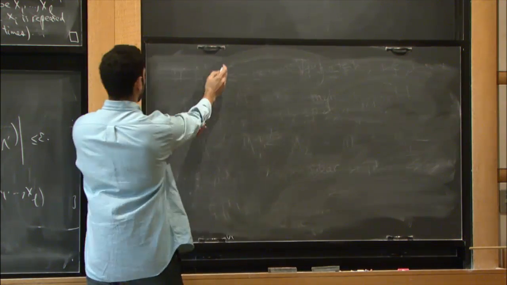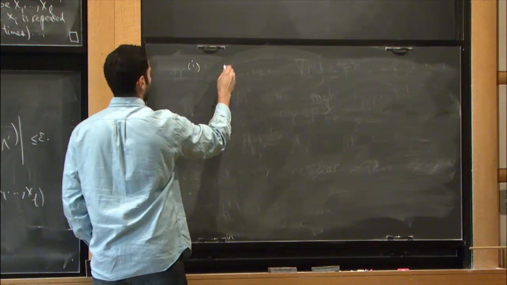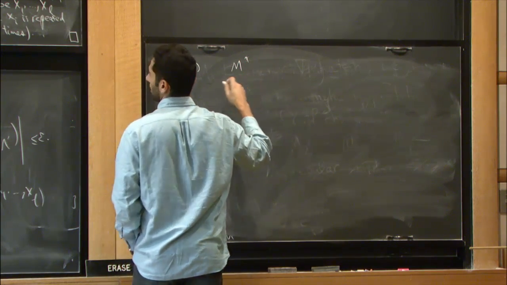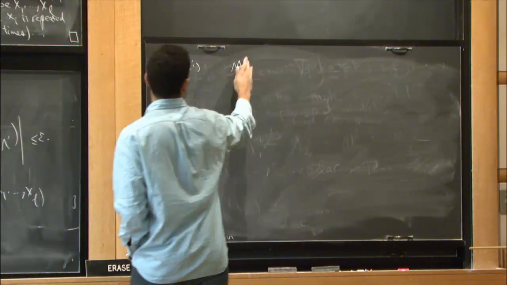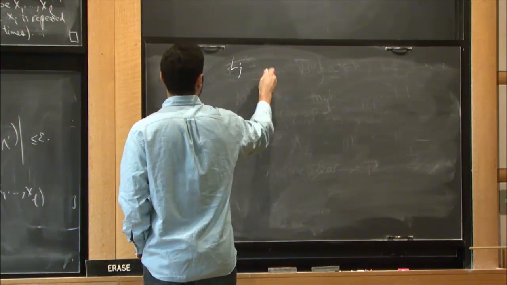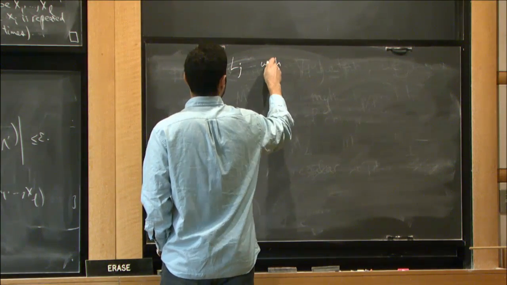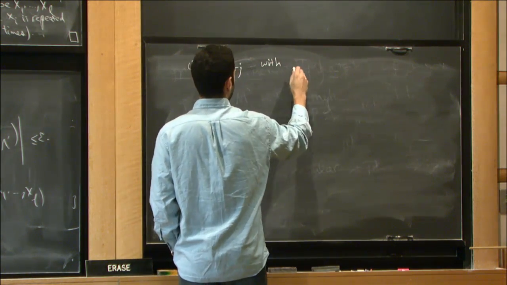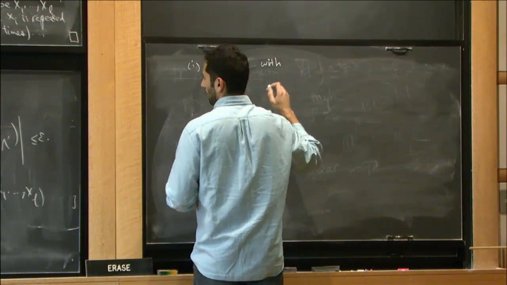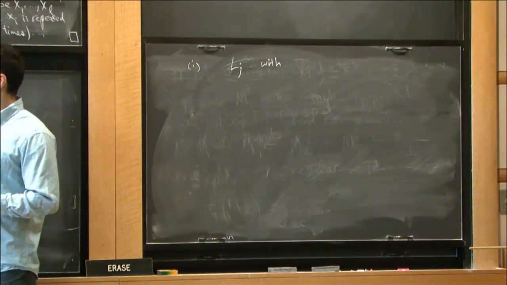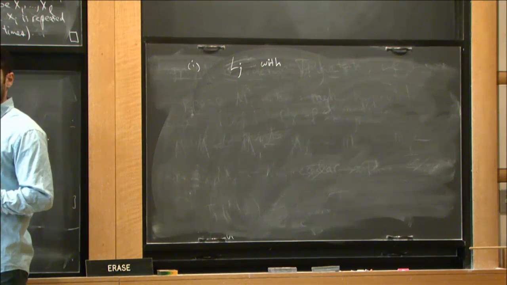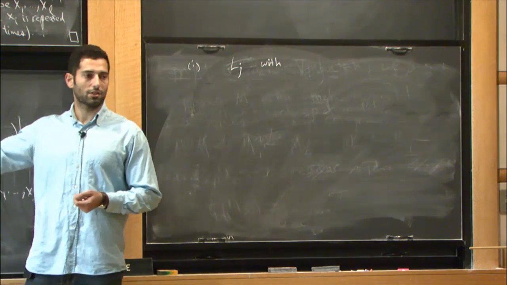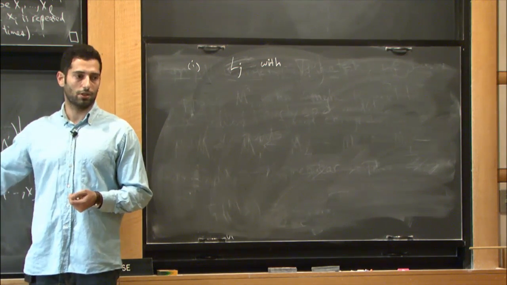Okay, so we pick M star, not L_j, with, okay, so I want to look at this summation and look at the non-zero terms, and I will pick the L_j that appears with the smallest first non-zero entry.